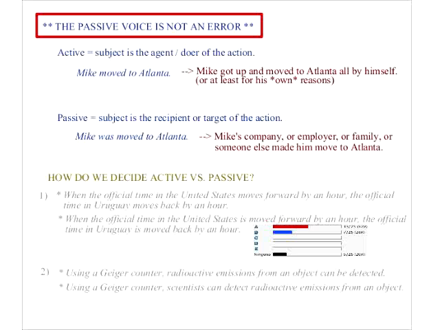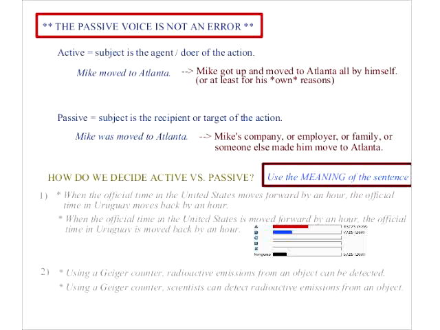The difference is, and here's where we get the answer to this question: if you need to make this decision, it's like almost everything else. You have to use the meaning of the sentence. As with lots of other things, if you try to approach these things using nothing but grammar, you are definitely going to die.